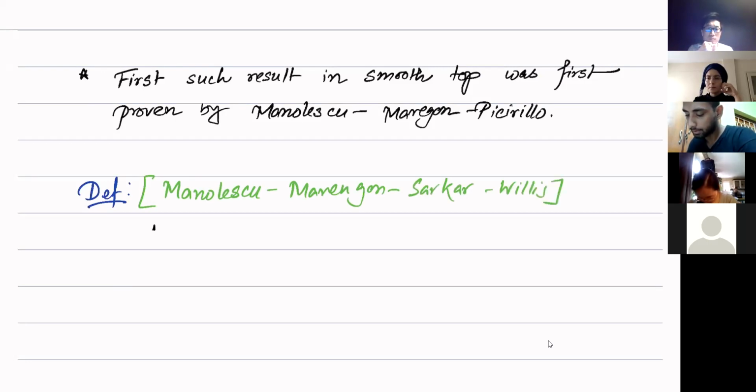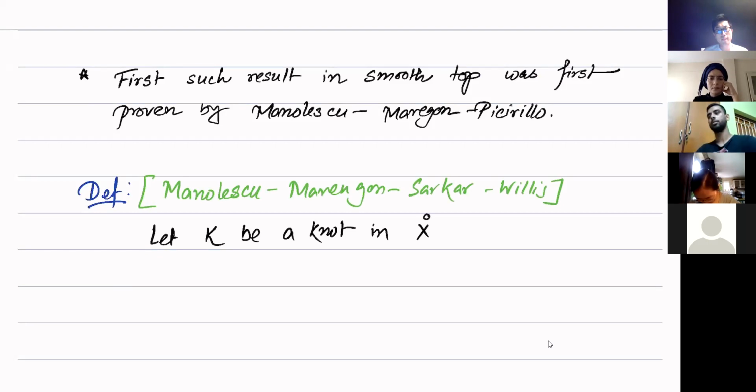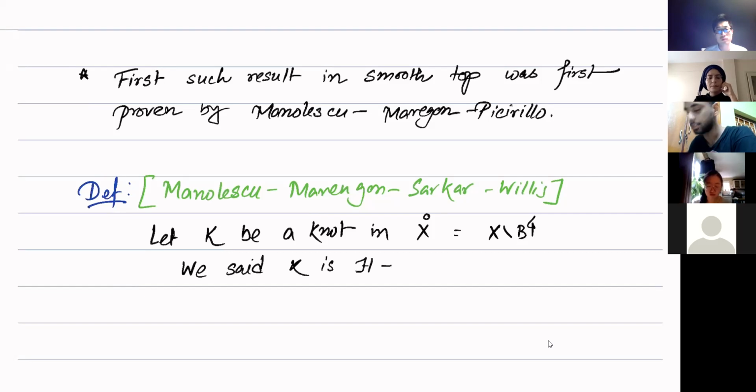Let K be a knot in X naught, where X naught is X minus B4. You think of this knot, as before, lying in the boundary S3, and we say K is H slice, where H stands for homology, if the following two conditions hold.